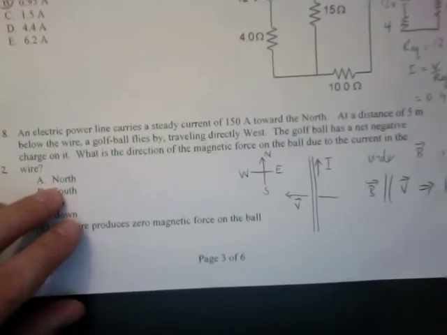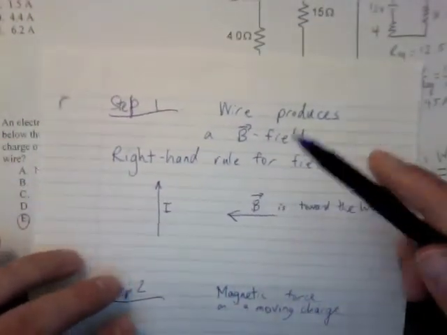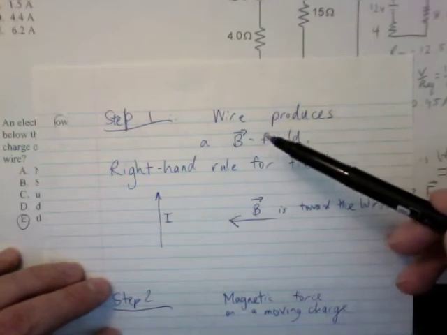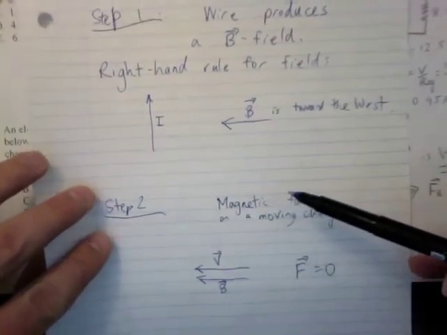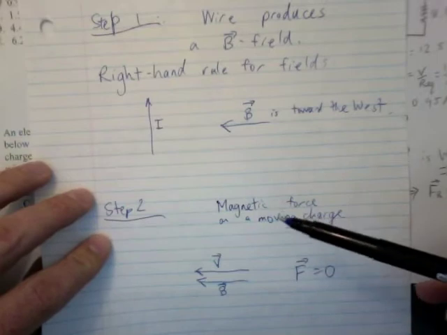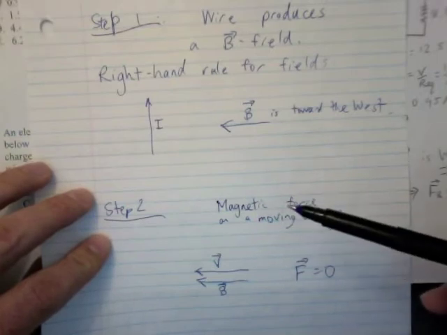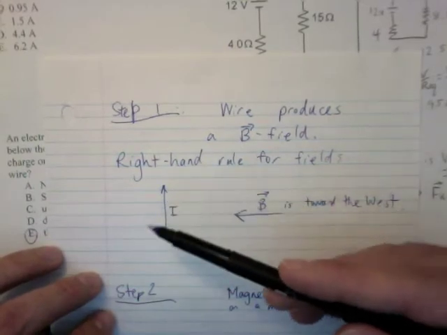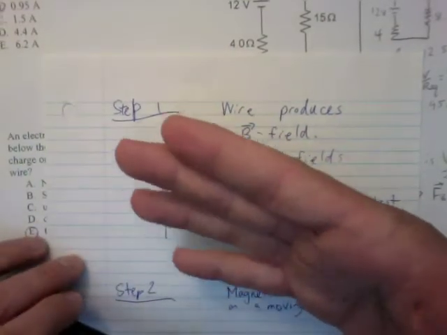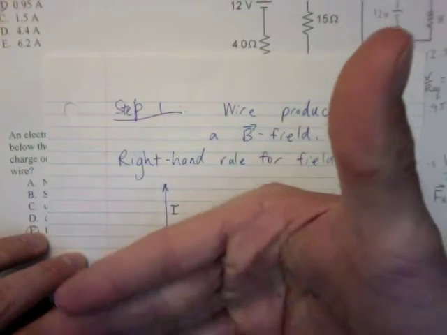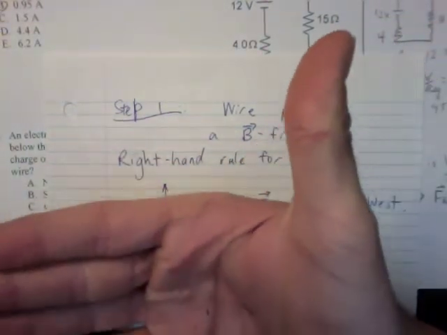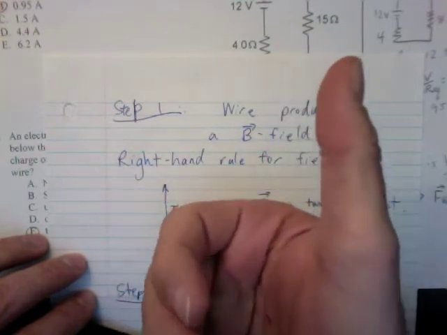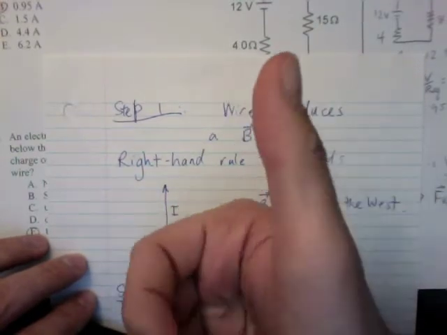So there's actually two steps to this problem. Let's go through it carefully. Step 1 is that the wire produces a B field, and step 2 is that now you have to calculate the magnetic force on a moving charge in that B field. So step 1, we're going to use the right-hand rule for fields, which is just that your thumb points in the direction of the current, and then you bend your fingers, and that's the direction of the magnetic field going around that current.